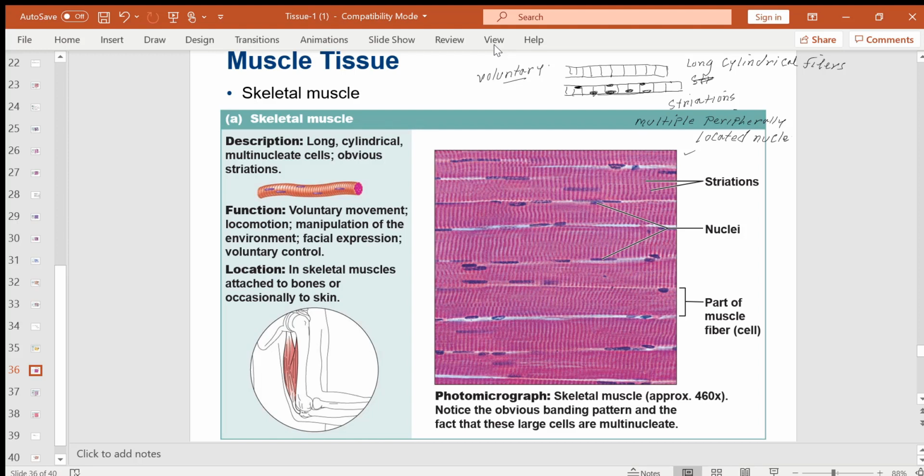Okay, so these are the histological properties of the skeletal muscle. That means under the microscope you'll see long cylindrical fibers, and inside the fiber you have the striations, the lines, and you see multiple nuclei in each fiber, and they are peripherally located.